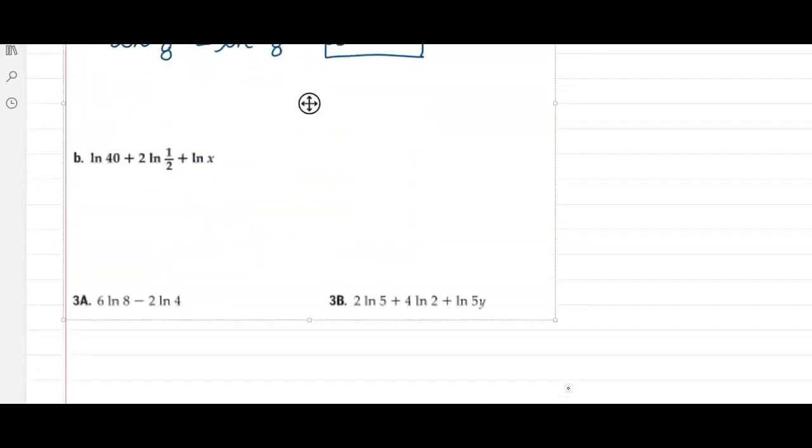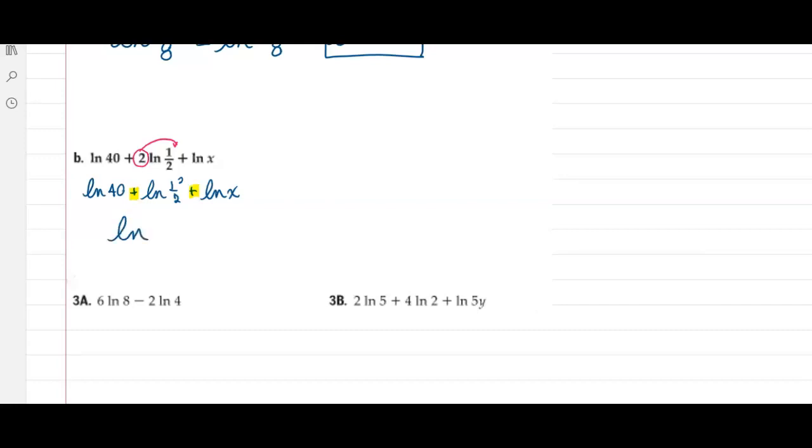Try picking the second one. First, I look for any coefficients that can become exponents. Natural log of 40 plus the natural log of 1/2 squared plus the natural log of x. All of these addition signs mean that I can express this as 1 natural log 40 times 1/2 squared.